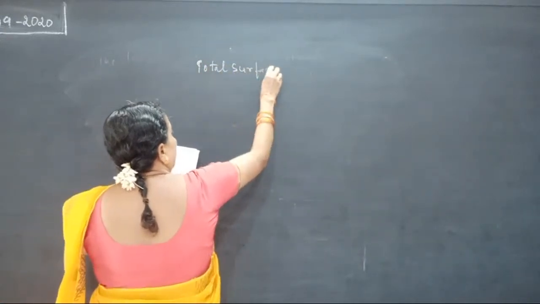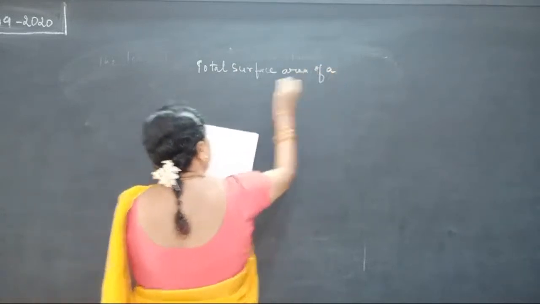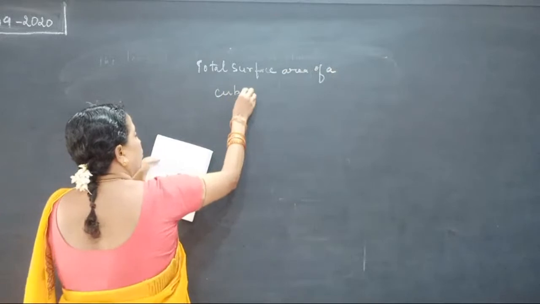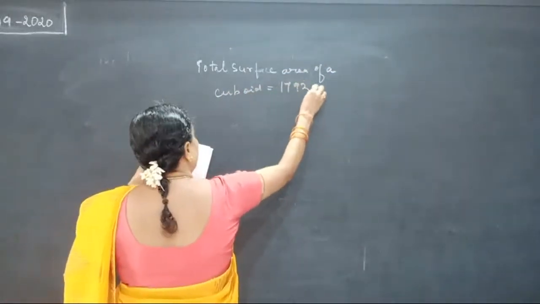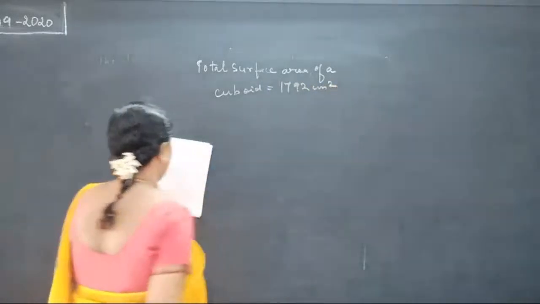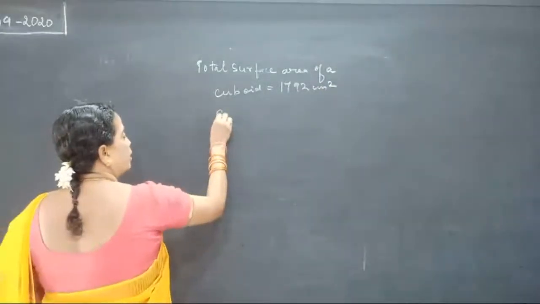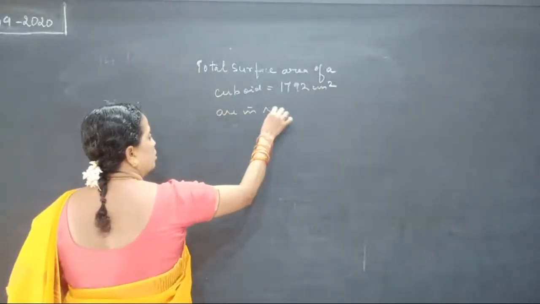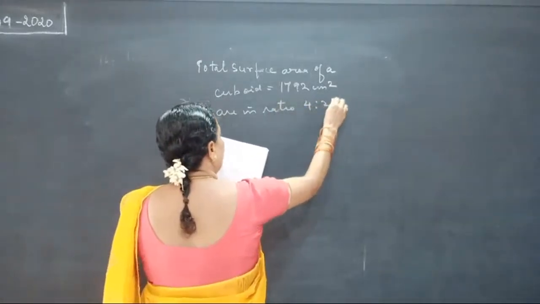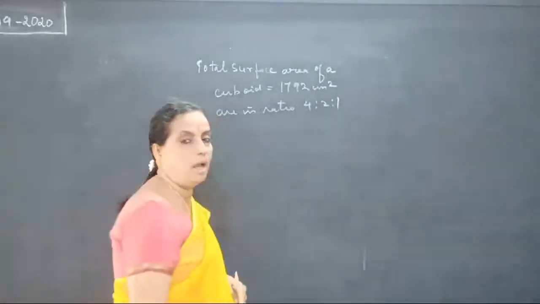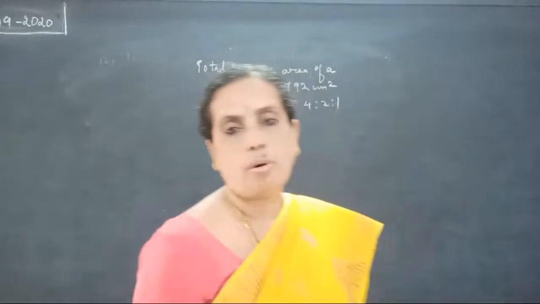Total surface area of a cuboid is 1792 centimeters square. If its length, breadth and height are in the ratio 4:2:1, we have to find the dimensions of the cuboid.